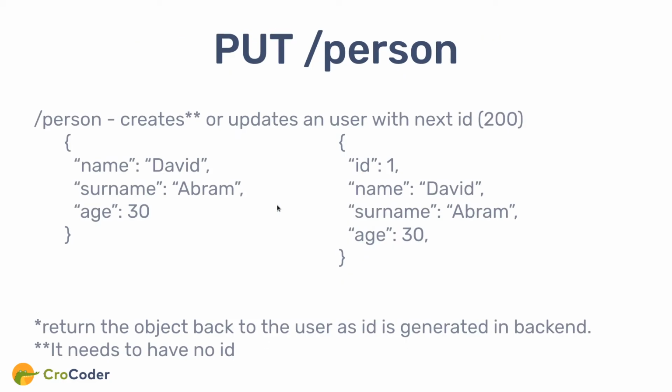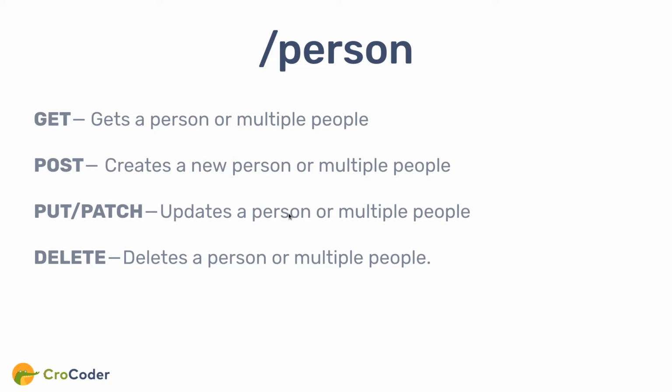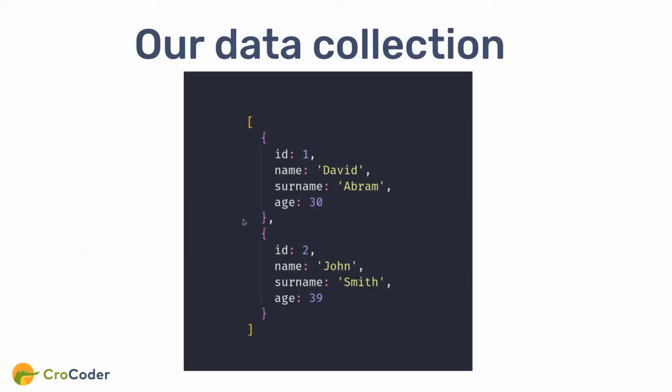Okay, so this is just a really easy example, because we have a really shallow collection. We don't have arrays or object properties here. We only have a simple definition.